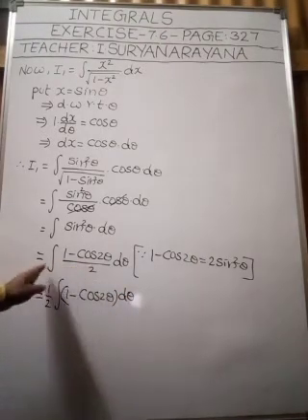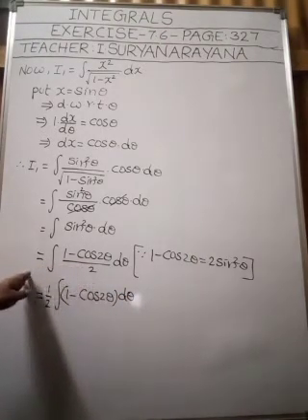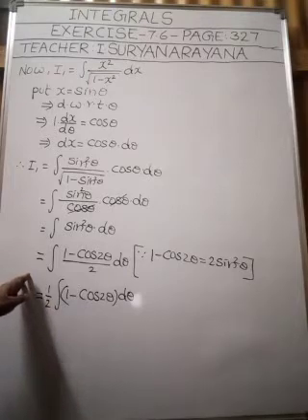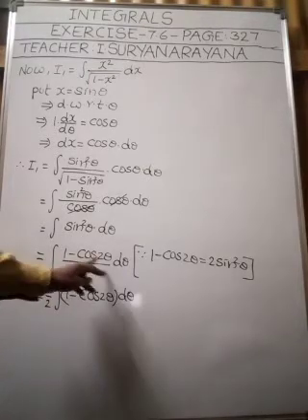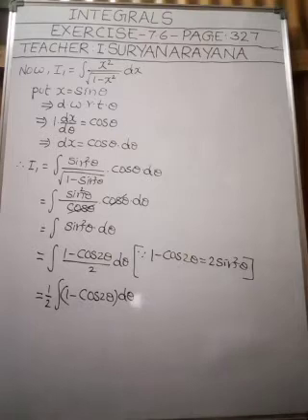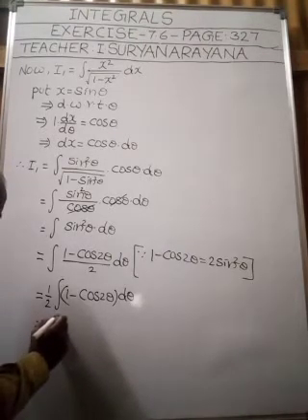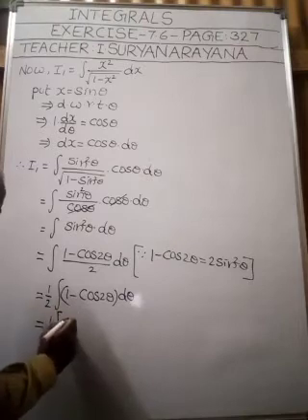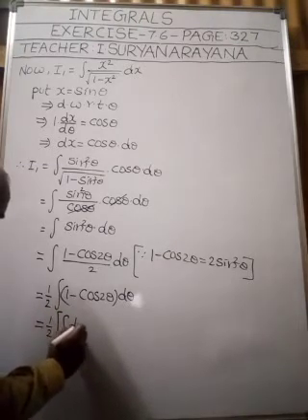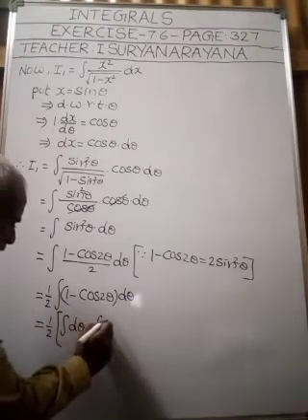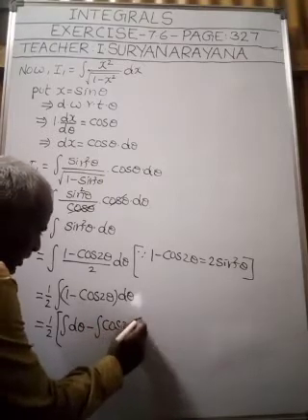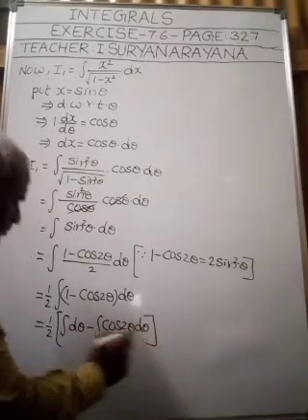Here 1 by 2 is a numerical coefficient. We are writing it outside. Okay, my children. Now, we are writing the remaining function. That is equal to 1 by 2 into integral d theta minus integral cos 2 theta d theta.